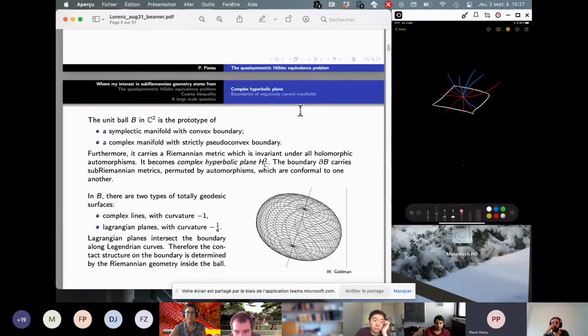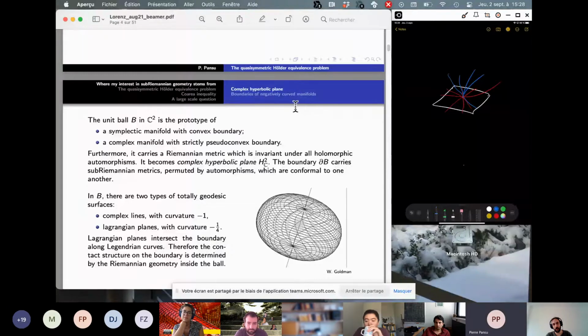So we see that the contact geometry on the boundary can be described in terms that depend on this Riemannian geometry inside the ball. So the geometry of complex hyperbolic plane determines this contact structure on the boundary.